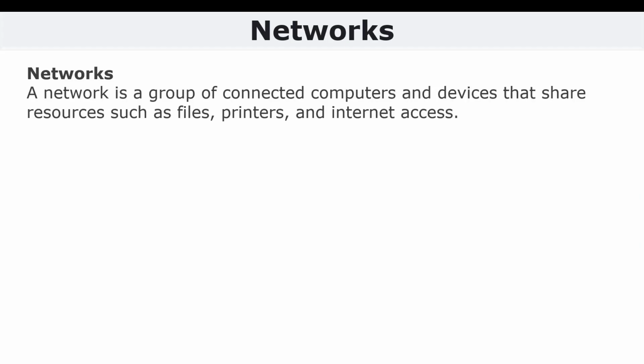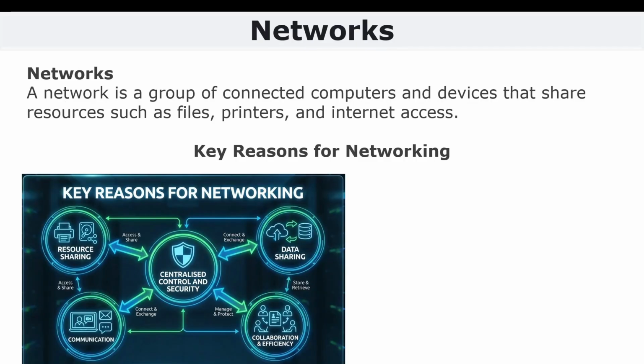All right, so to begin with, we look at networks, which is basically a group of connected computers and devices that share resources together. In this example here, we're looking at some key reasons for having a network. In this picture, at the center, we have centralized control and security.